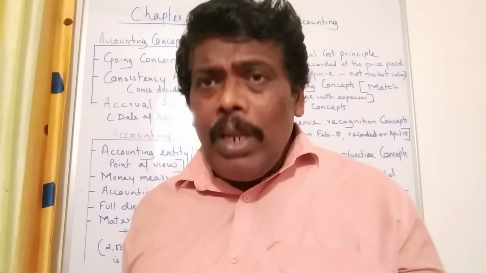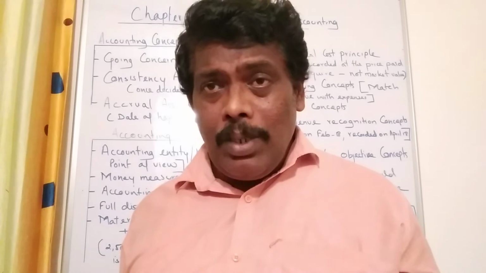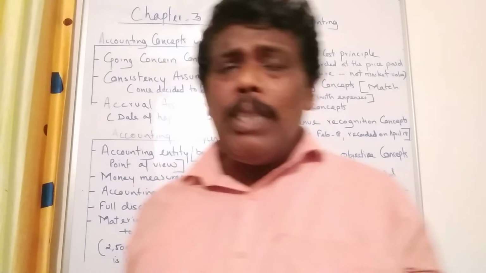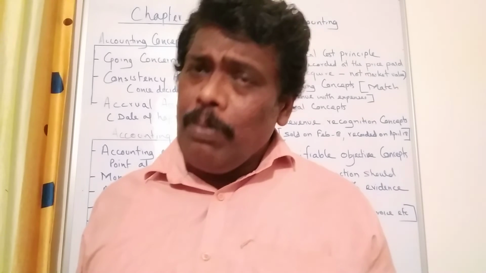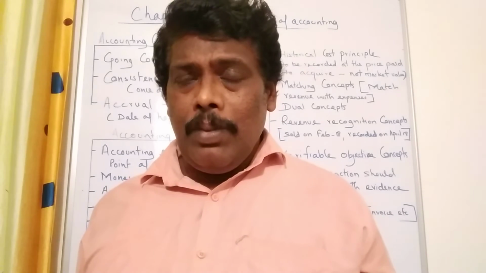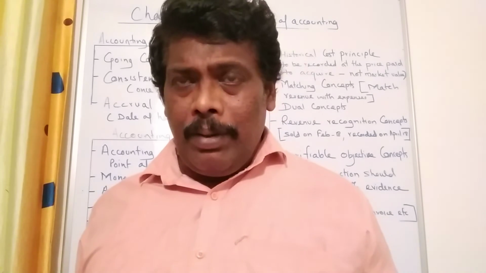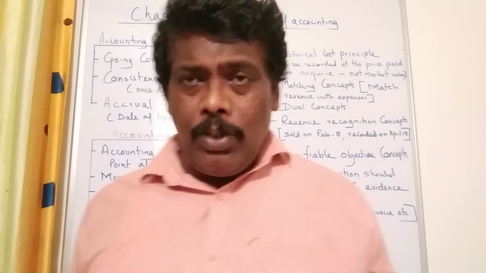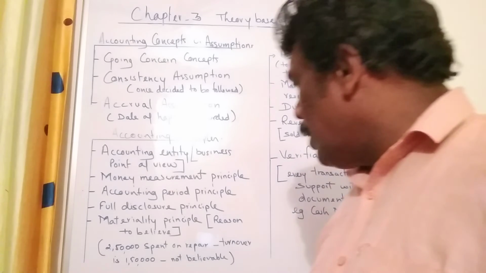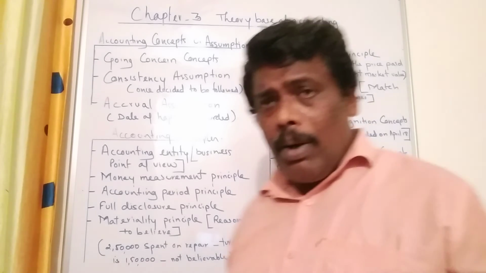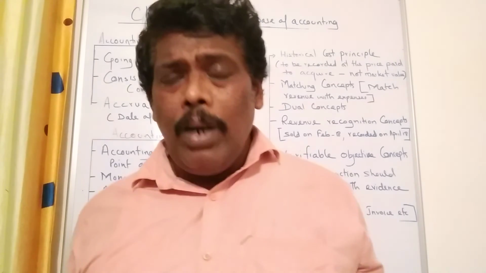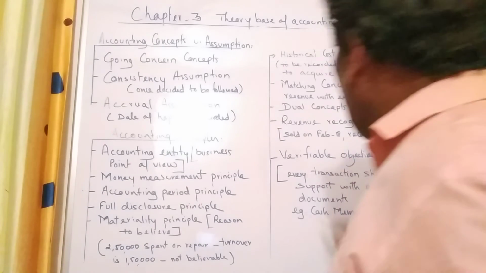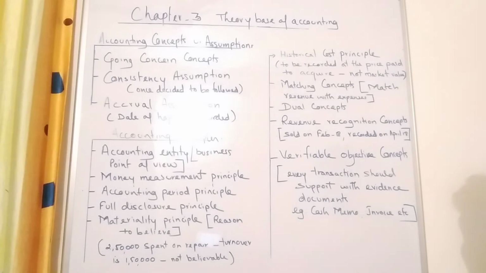This is not at all believable, because our total turnover is only 1.5 lakhs. How can we spend 2.5 lakhs on one item as repairing? So here the things are not believable. That's why this materiality principle says that whatever accounting information is recorded should be believable.